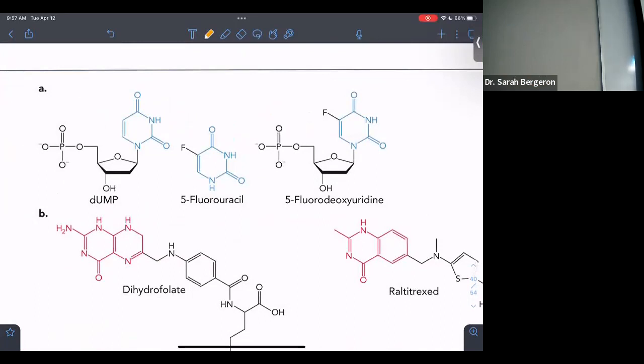A very common structural homology, right? And so this 5-fluorouracil is metabolized to 5-fluorodeoxyuridine. So this is what's presented to our enzyme, and can our enzyme use this?